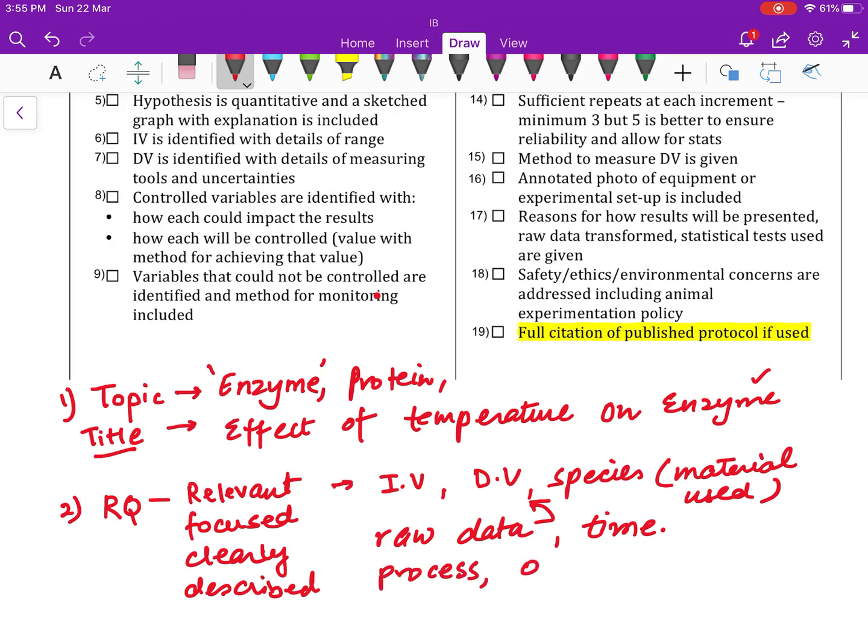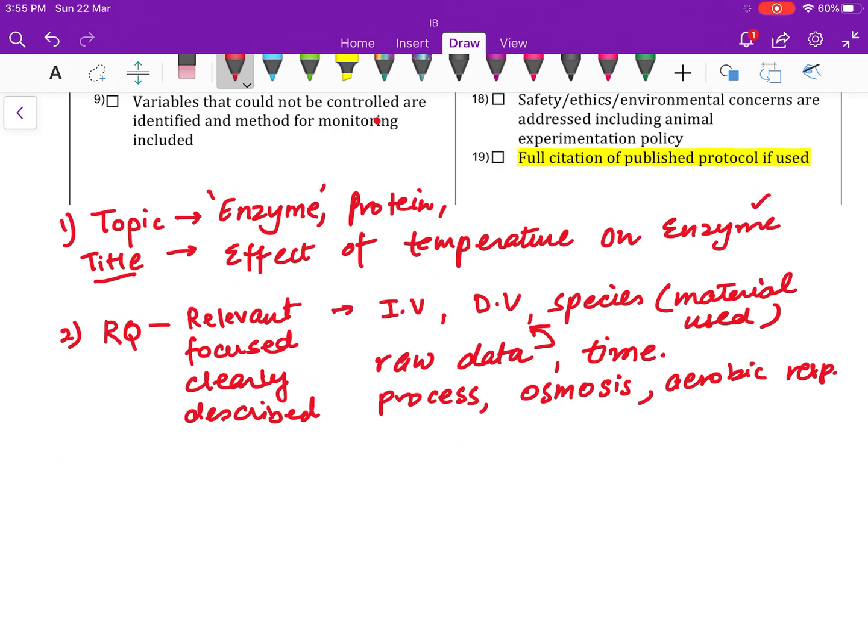So if it is osmosis or aerobic respiration or anaerobic respiration or digestion, it should be clearly given. So what is the example?